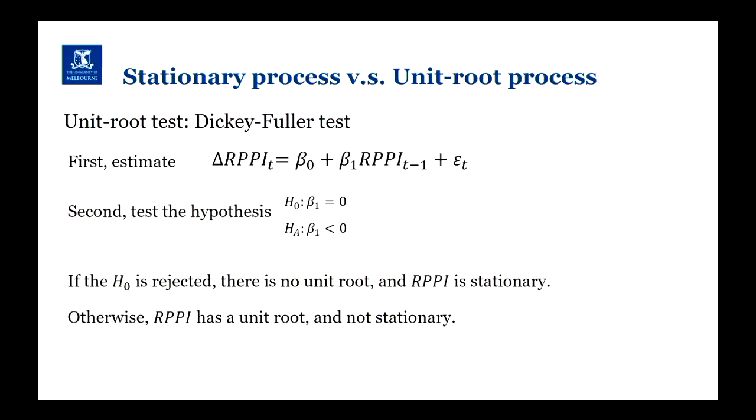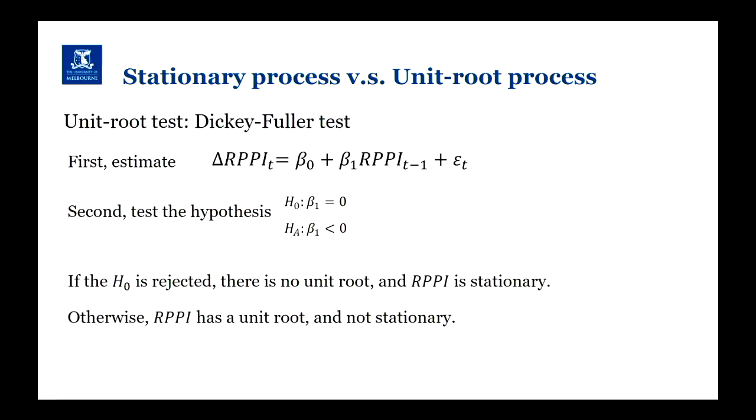The movement just indicates the behavior over a short-term period, while the values at levels indicate the condition from a long-term perspective. Okay, first we estimate this model, and then we test the hypothesis. The null hypothesis is that beta 1 equals 0, and the alternative is that beta 1 is less than 0.